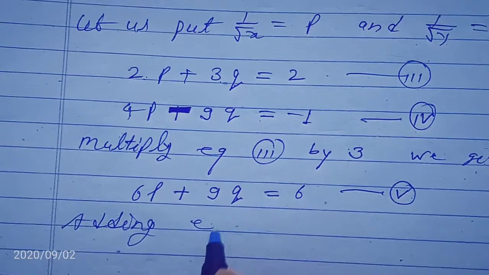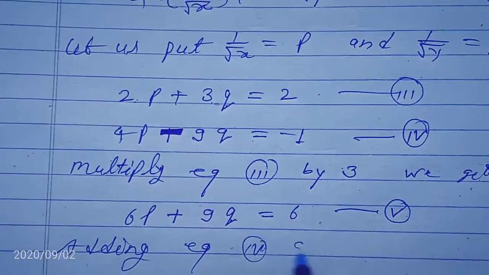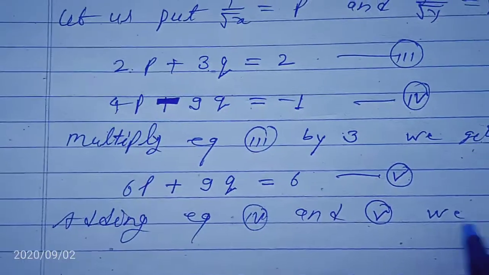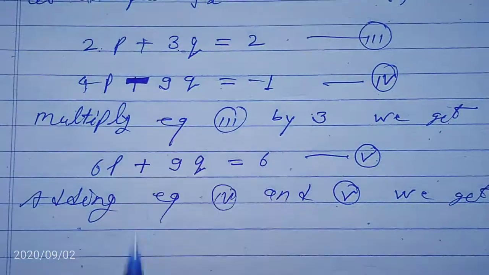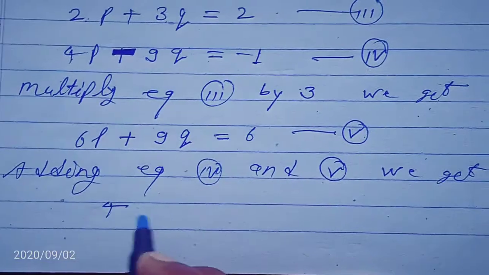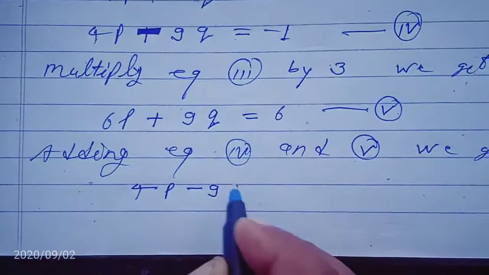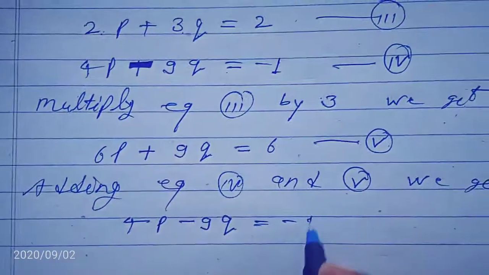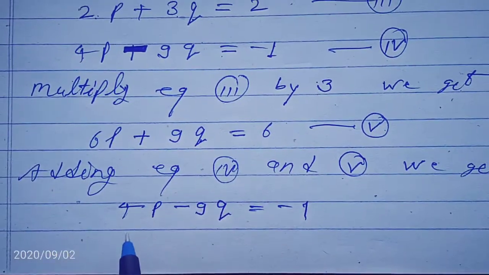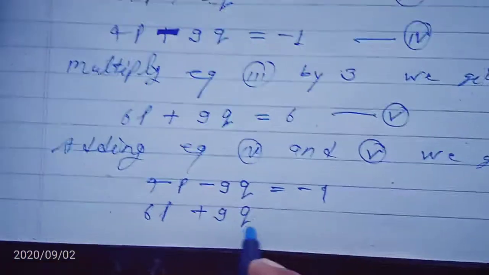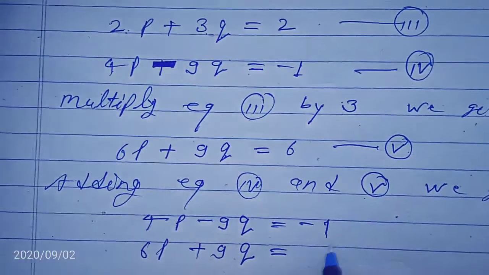Adding equation 4th and 5th, we get 4p minus 9q is equal to minus 1 and 6p plus 9q is equal to 6.